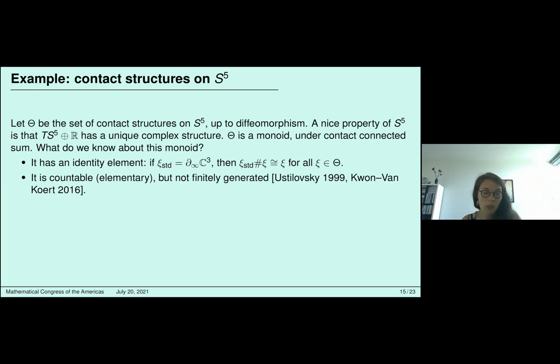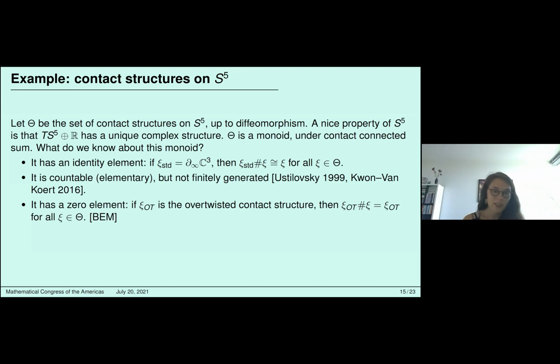This is, I think, explained very nicely with something called asymptotic Euler characteristic by Kwon and van Koert. So that's a huge monoid. In particular, they show that it's not finitely generated by constructing a submodule which surjects onto Q. So that's a pretty big module.